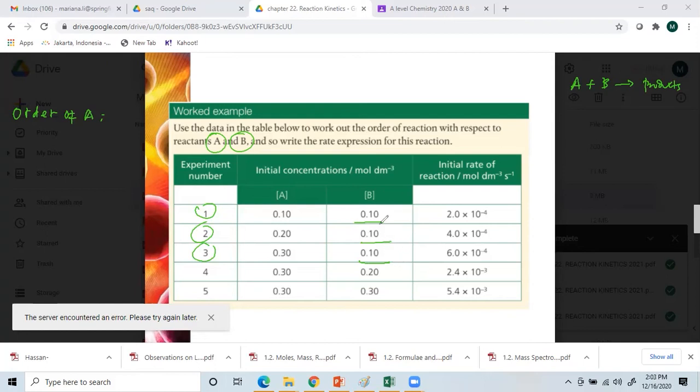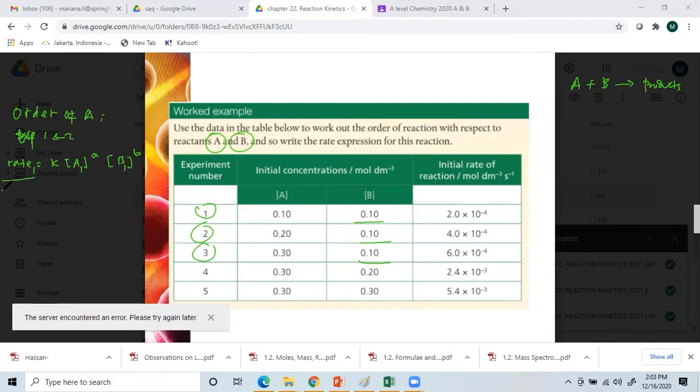So for example, I'd like to use experimental data 1 and 2. Once again, the rate equation equals k times concentration A to the power of a, times concentration of B to the power of b. We want to compare experiment 1 and 2. So I'd like to make this rate 1, k times concentration A in experiment 1, times concentration B in experiment 1.